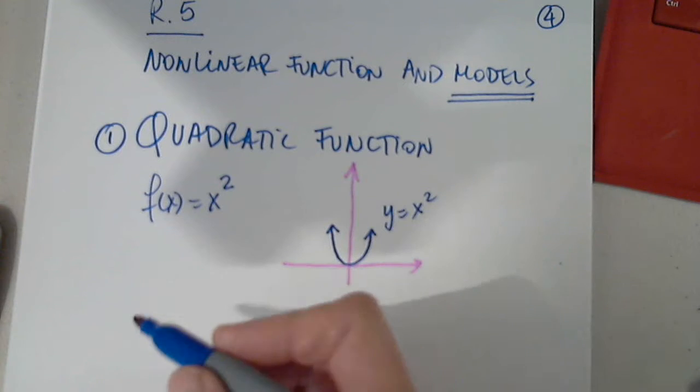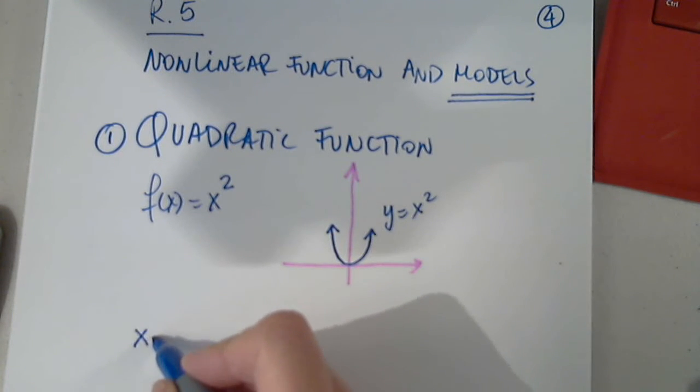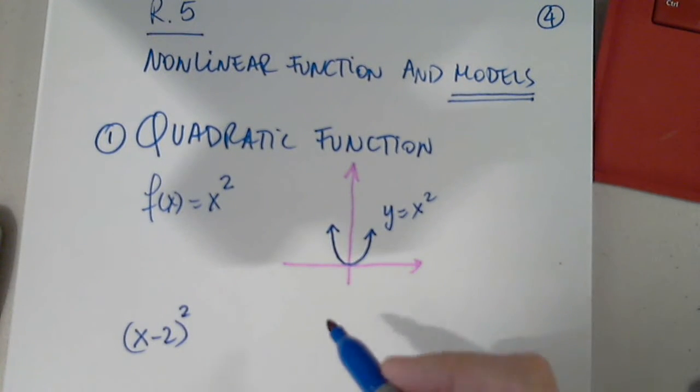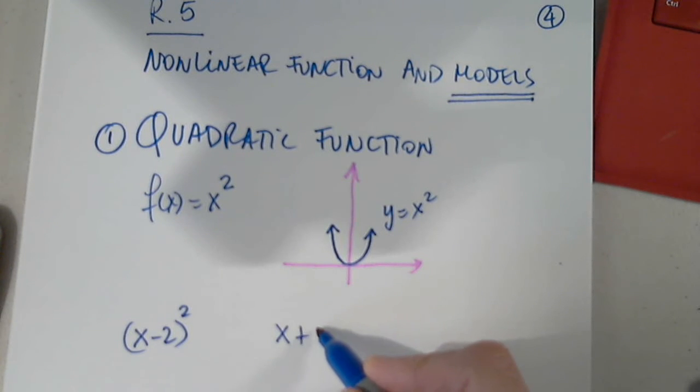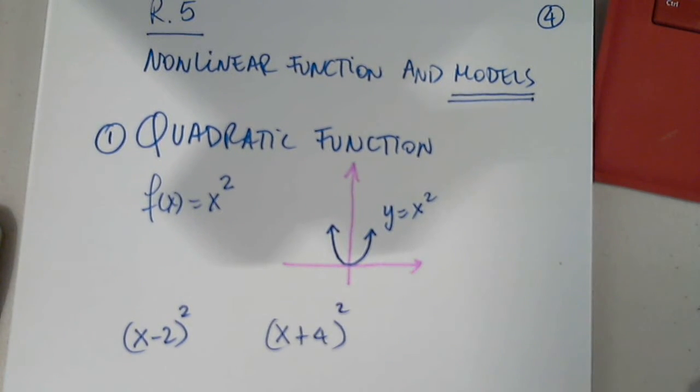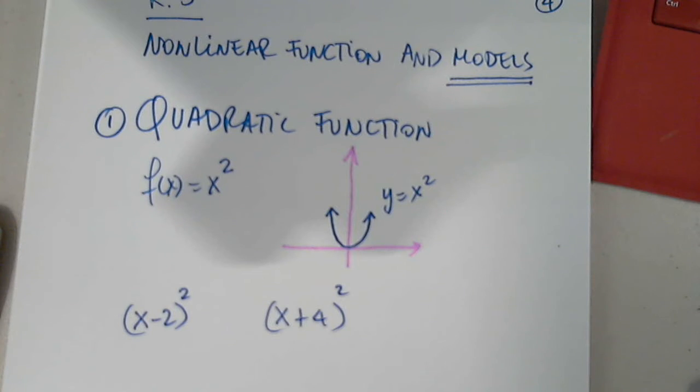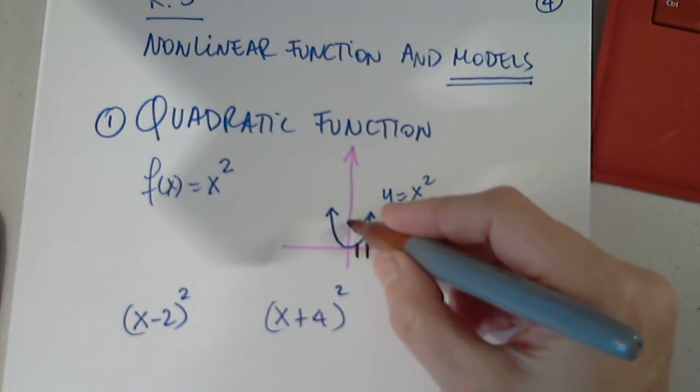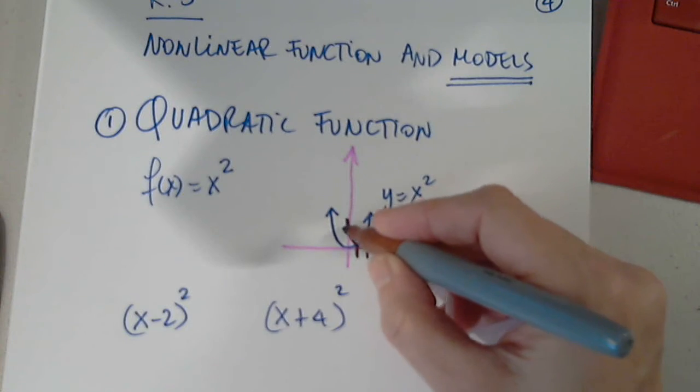I don't know if you remember what happens when we graph x minus 2 squared, or what happens when we graph x plus 4 squared. So these are horizontal shifts. In this case, the function is moving to the right 2 and keeping its shape with no change.